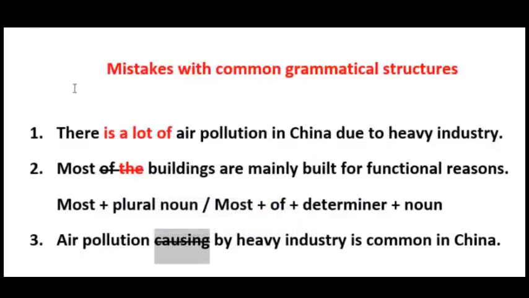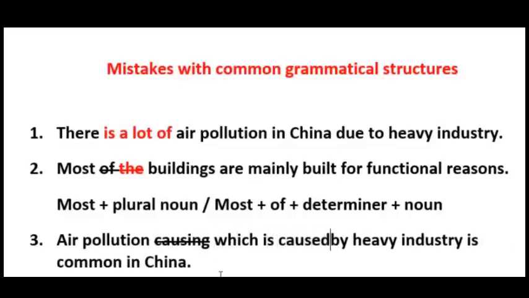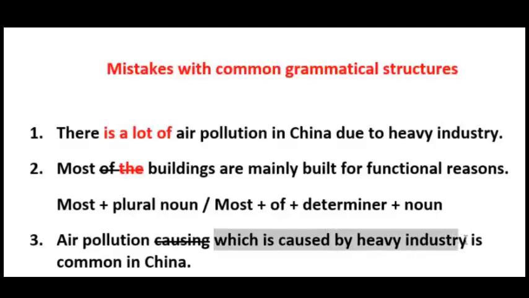Now if I were to write out this whole relative clause, I would write out this, which is caused. Now hopefully you can see which is caused by heavy industry is passive. We're talking about air pollution. It doesn't cause itself, it's caused by heavy industry.